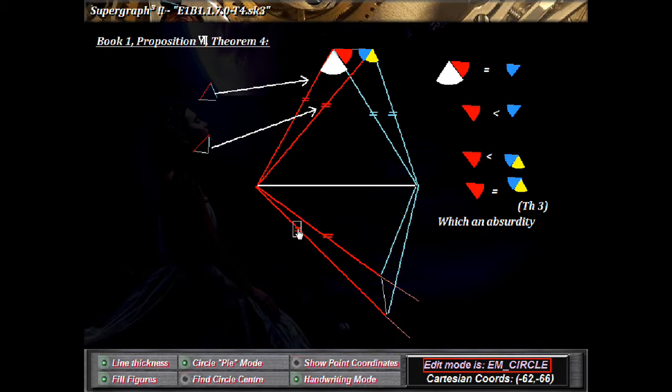This hypothesis still being assumed, the sides are equal in length. The blues equal to the blues, and the reds equal to the reds. Okay.